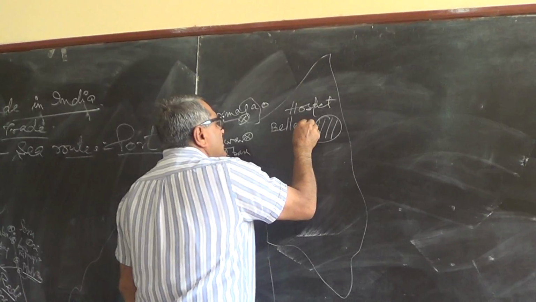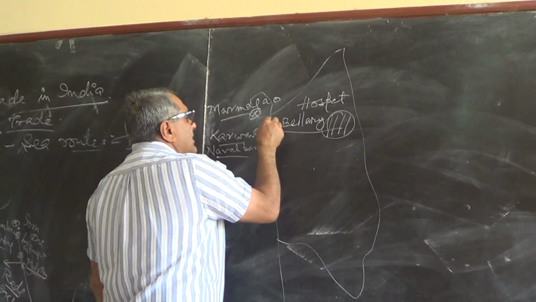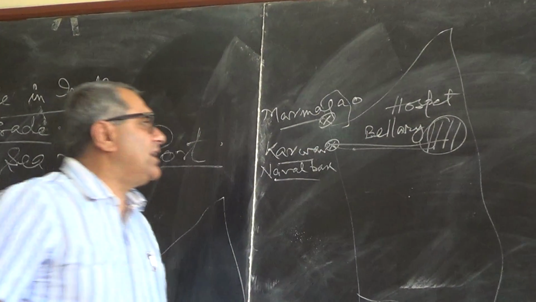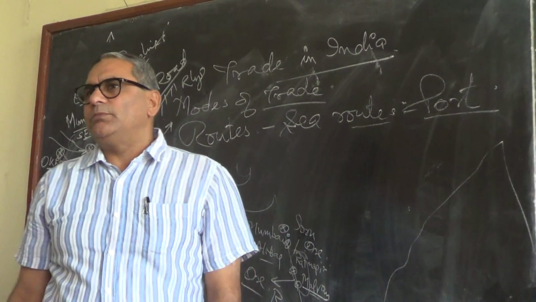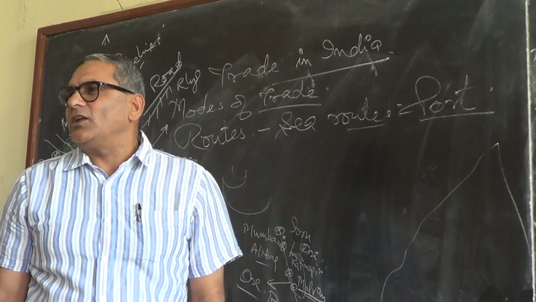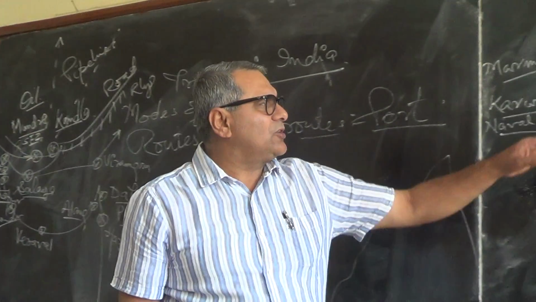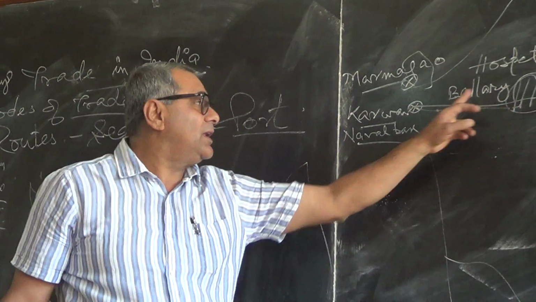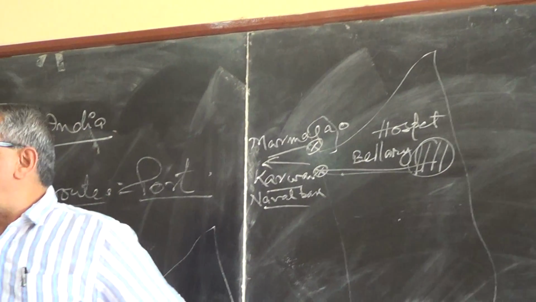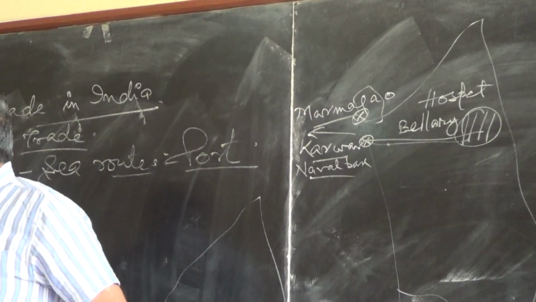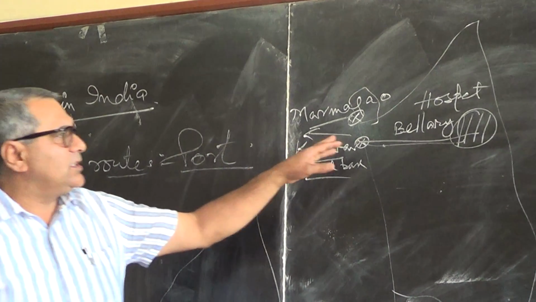From Hospet you must know the Reddy Brothers, it is connected by railway and road network. Janardhan Reddy and the other Reddy Brothers were exporting the iron ore without the proper consent of the government of India from Hospet and Bellary through Karwar port. So in 2013 they were banned, they were stopped from exporting.